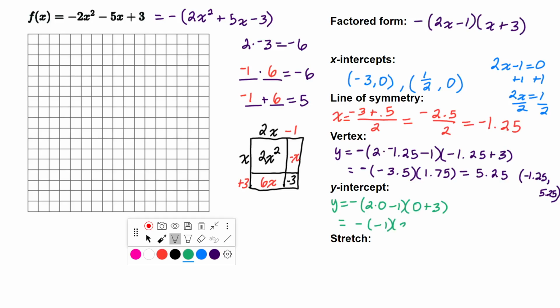Zero plus 3 is 3, so a negative 1 is a positive 1 times 3 is 3. So we have a y-intercept of 0, 3. And we did have this a value of 2, so we have a stretch by a factor of 2.